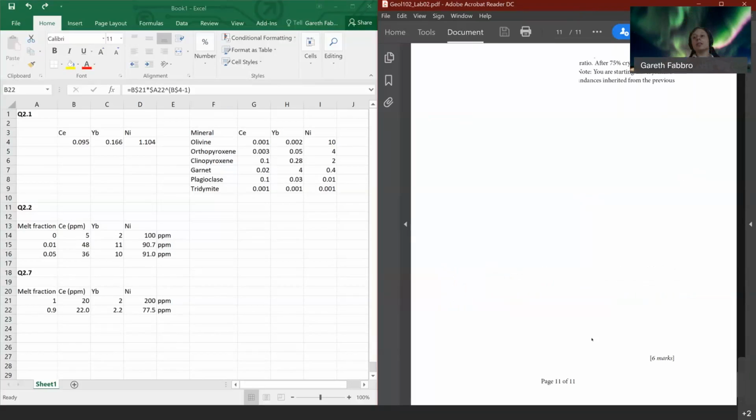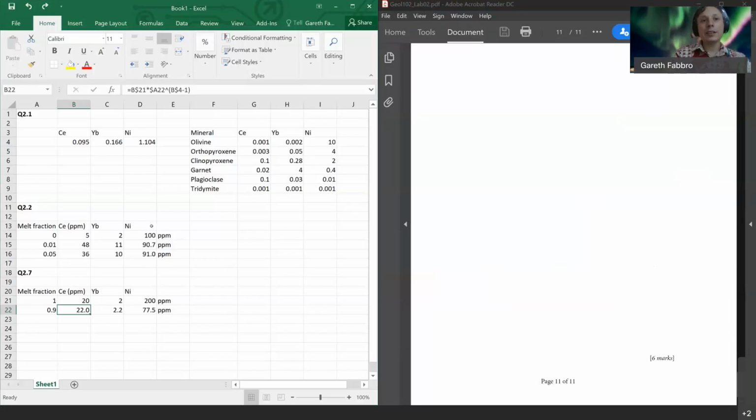Okay, and so that's the practical. I recommend that you do try and do it in a spreadsheet. There are apps for your phone to do this. I know Google Sheets works really well on Android phones. I think there's a Google Sheets for iPhone as well, so you can use that. If you have a computer, it might be slightly easier than typing on your phone, but you can do it on your phone.